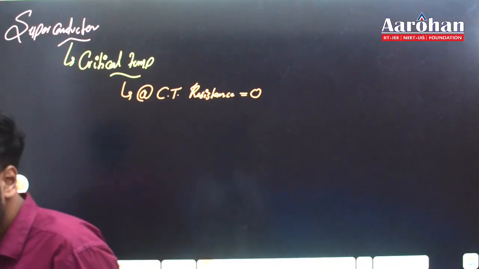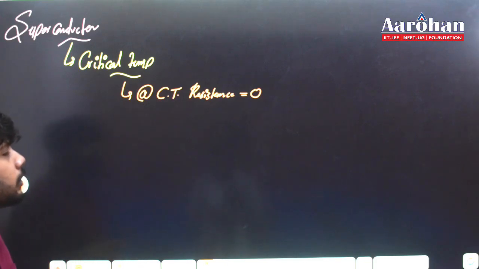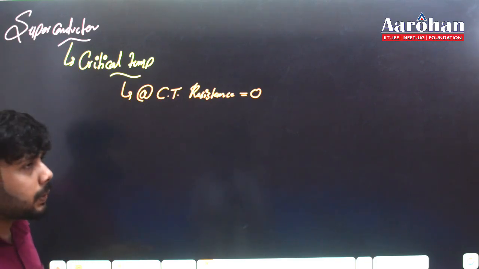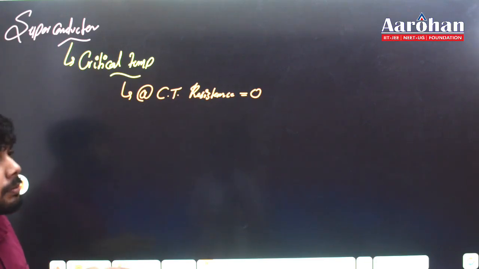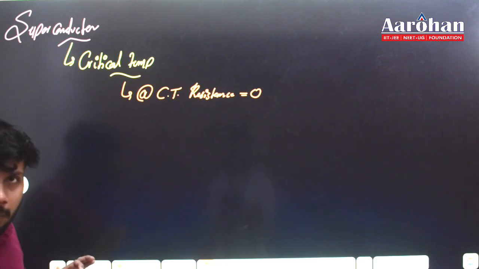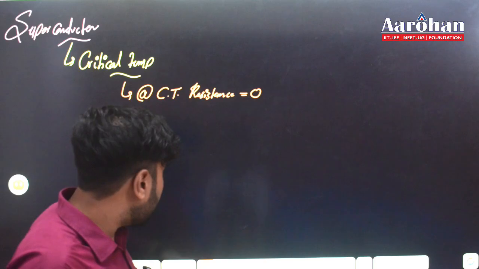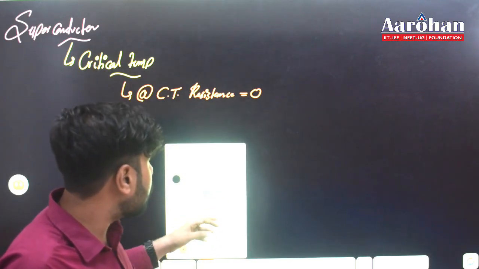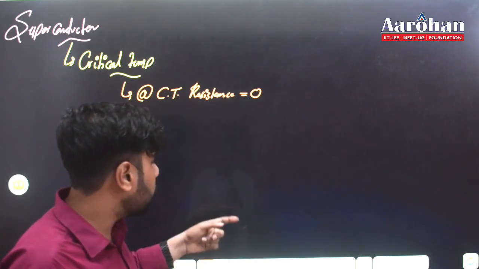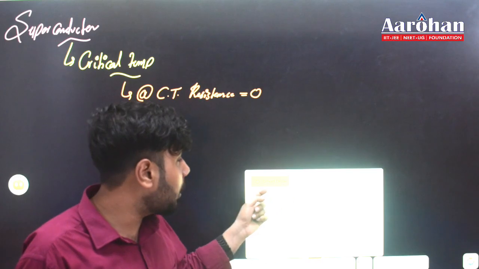Also, if you search on YouTube, you will see they sometimes dip it in liquid nitrogen, which has around minus 180 degrees Celsius temperature, and then it hovers on the magnet.